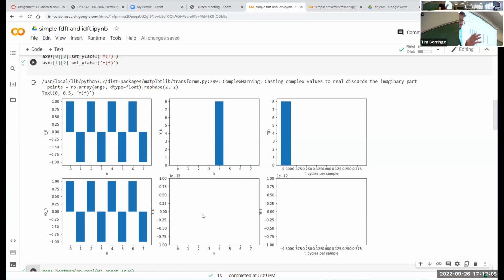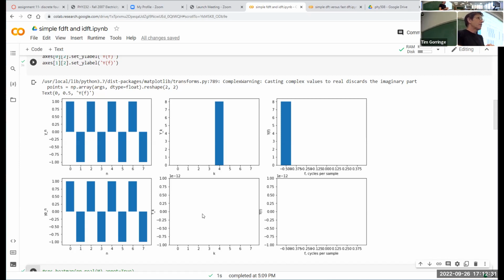So that's the first thing that I wanted to mention. That's important when you think about the frequency domain: in general, you're going to have complex uppercase Y, with real and imaginary components. Another important part is what the indices from 0 to 7 actually mean.